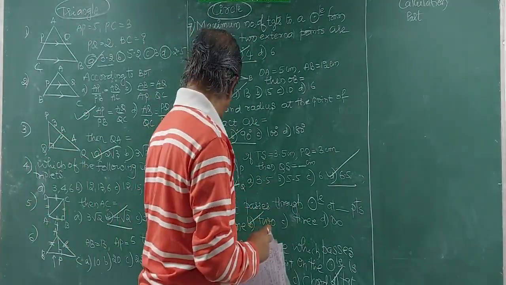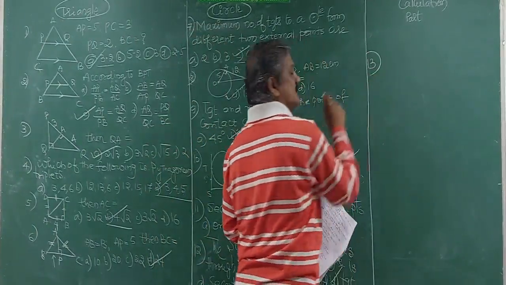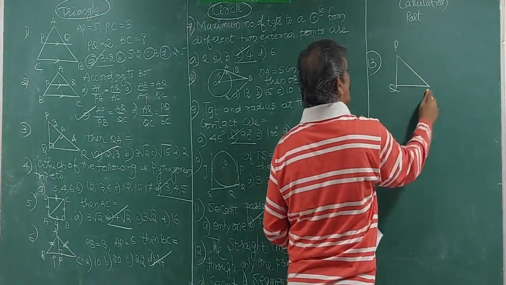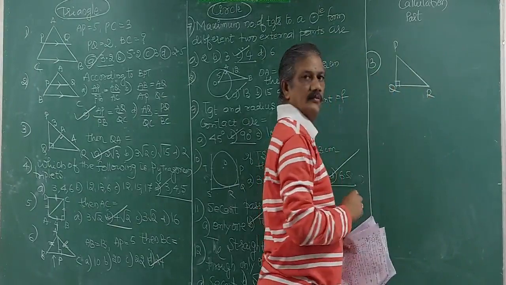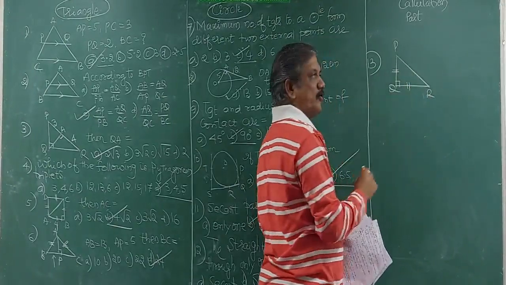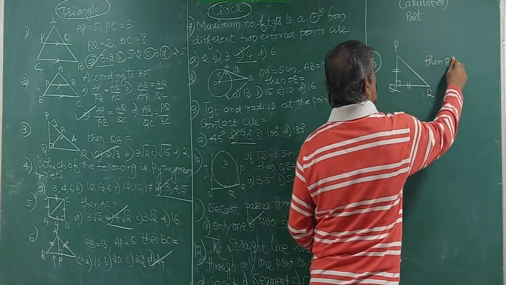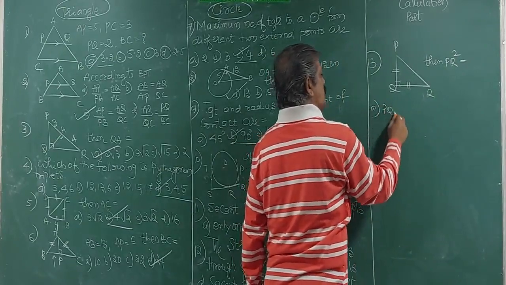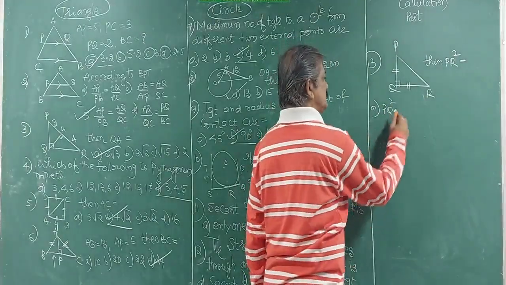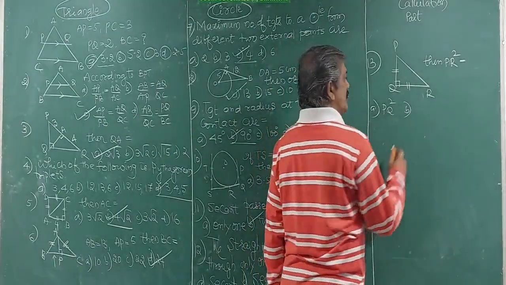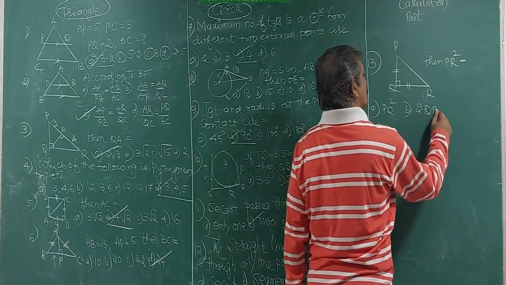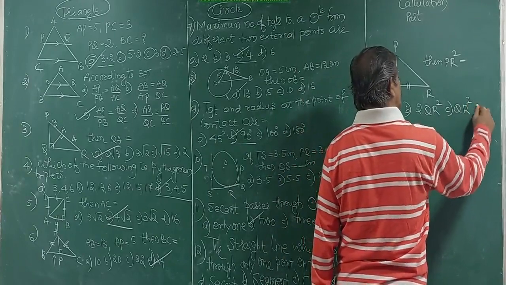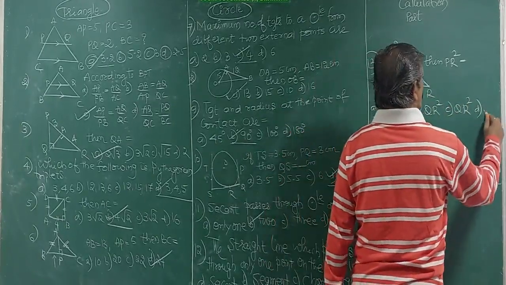One more thing I would like to write, the 13th question. It is a tricky question. It is a PQR triangle. If these two sides are equal, then PR square is equal to what? Options: A, PQ square; B, 2QR square; C, QR square; D, root of QR.